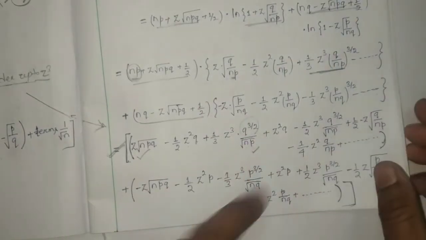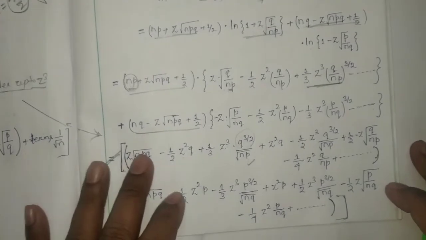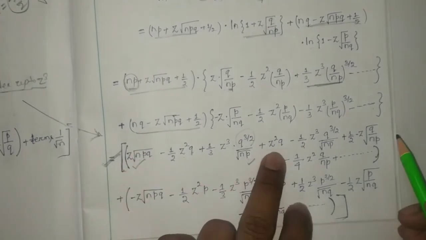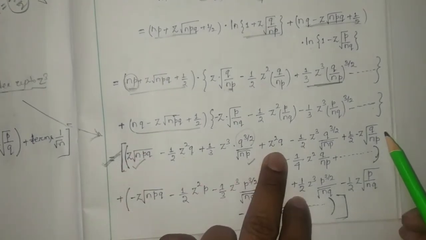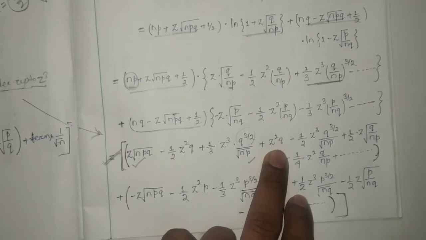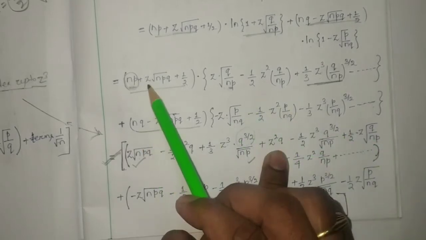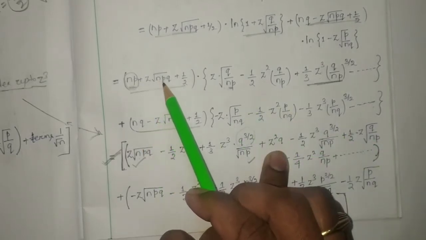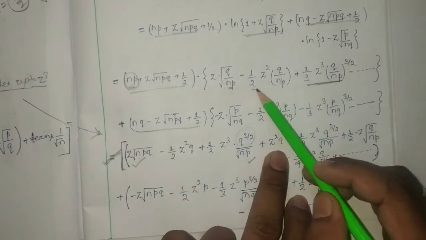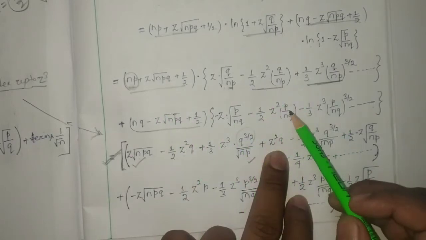Then we have to consider the multiplication of this term, z into root over of npq, into this one. How much will it be?